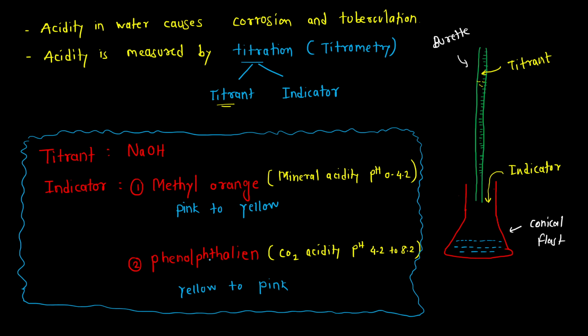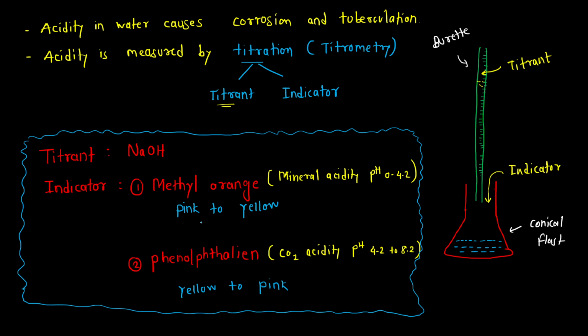We have seen that acidity is caused due to minerals and due to carbon dioxide. Sometimes in water the acidity is caused only due to carbon dioxide, and there is no mineral acidity present. In that case, when we add methyl orange, the color will not change to pink. If the color does not change to pink, there is no need to do the titration using methyl orange.